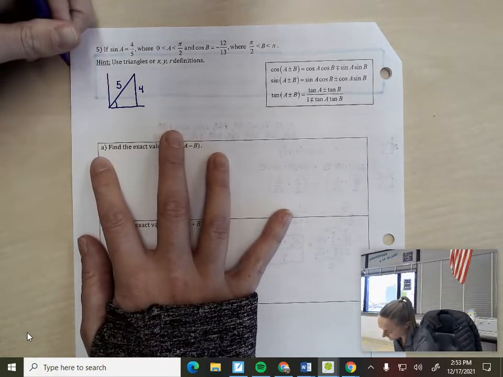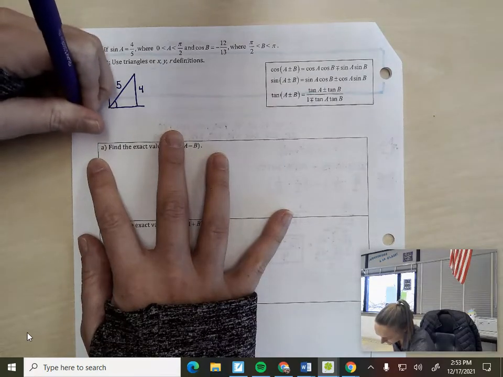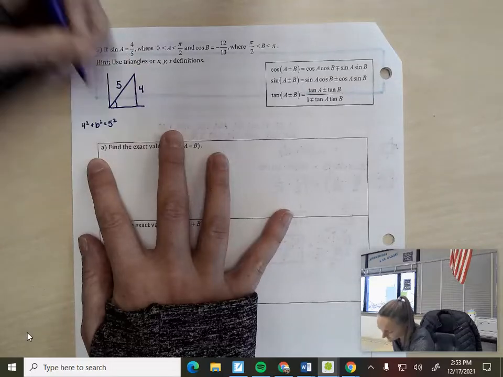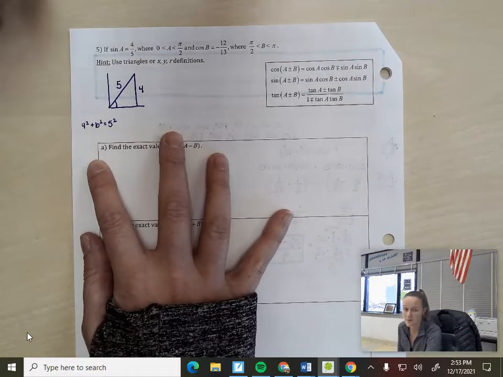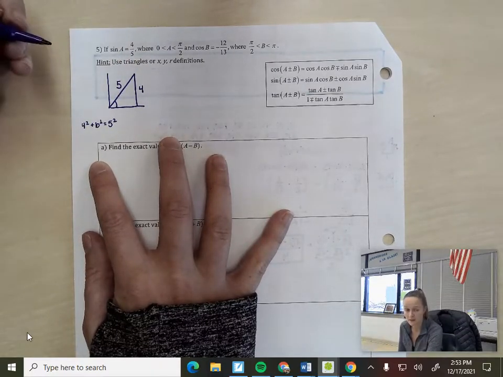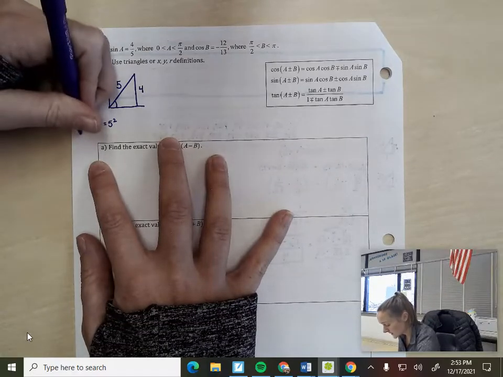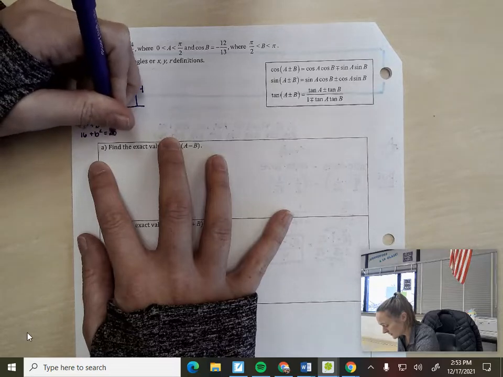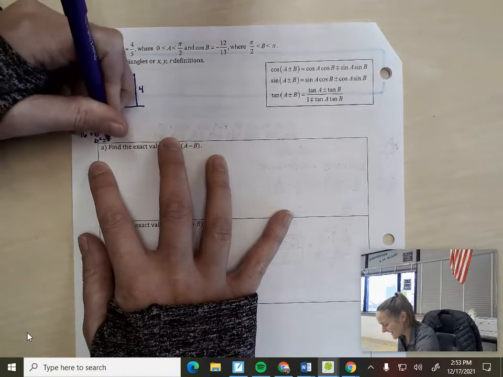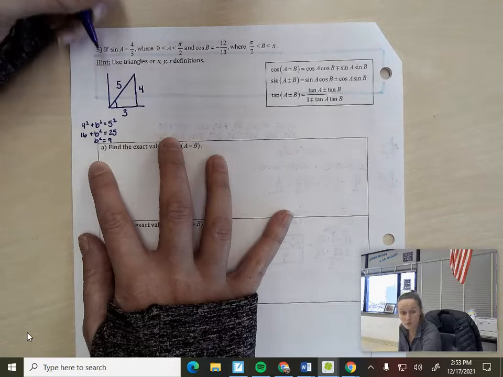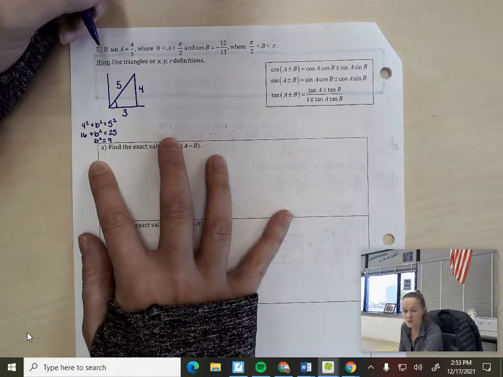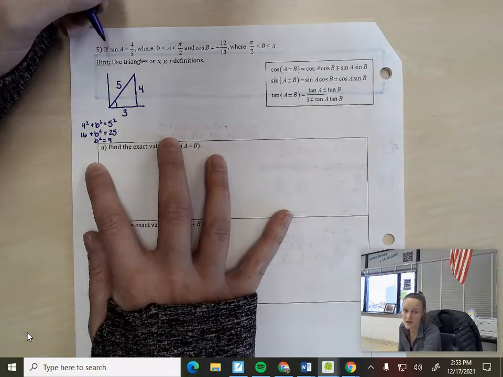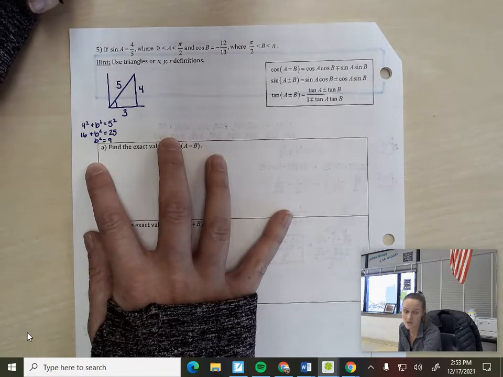So I can do 4 squared plus b squared equals 5 squared because 5 is the hypotenuse, and the hypotenuse is always the c value in the Pythagorean theorem. So then I've got 16 plus b squared equals 25. So b squared equals 9, and therefore b is 3. So now I have a full triangle. I know all of the values. I can find sine, cosine, and tangent of that angle all day.